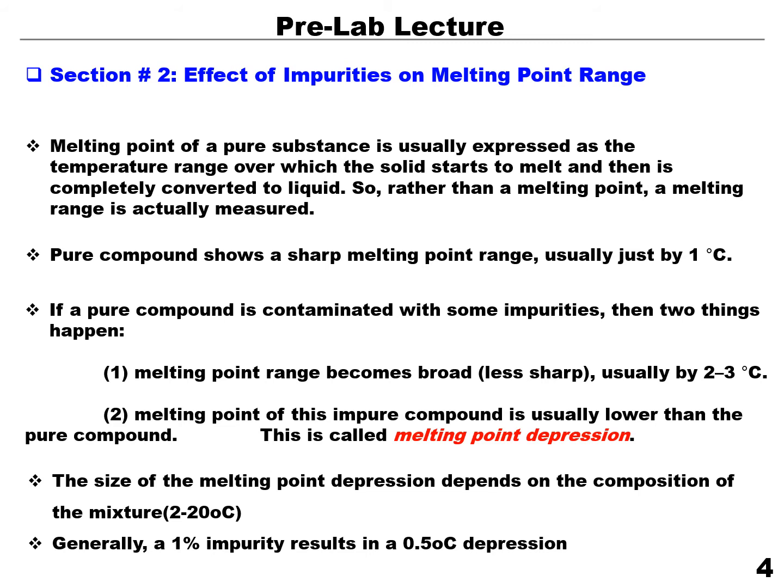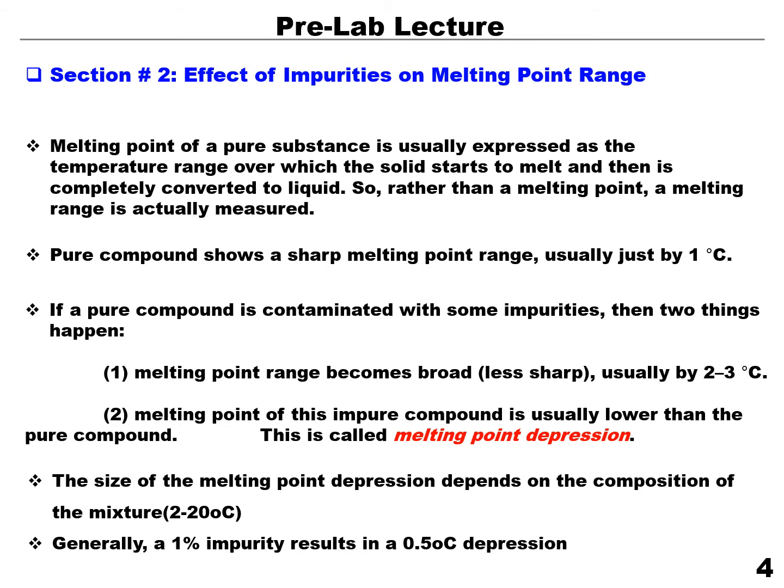So if you have 99% of something and 1% of something else, the 1% is certainly an impurity. However, if we have 50% of compound A and 50% of compound B, we don't say one or the other is an impurity. It's just a mixture of these two.